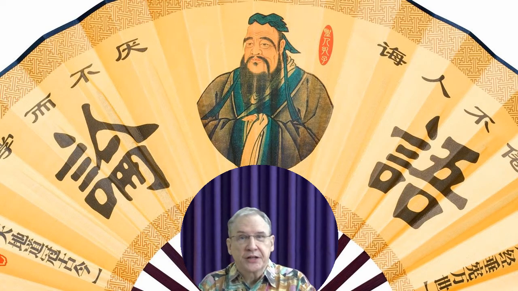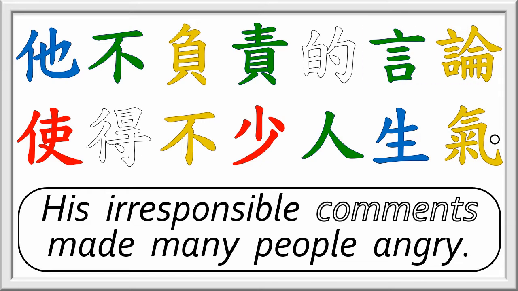These selected sayings of Confucius were written around 2,400 years ago by followers of Confucius and are still widely studied by school children. Fourth tone, 论, is much more common, and here are several more examples. 他不负责的言论使得不少人生气.